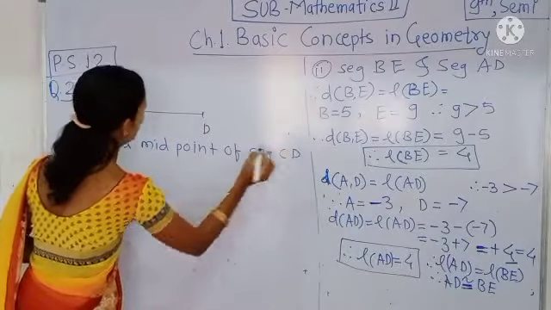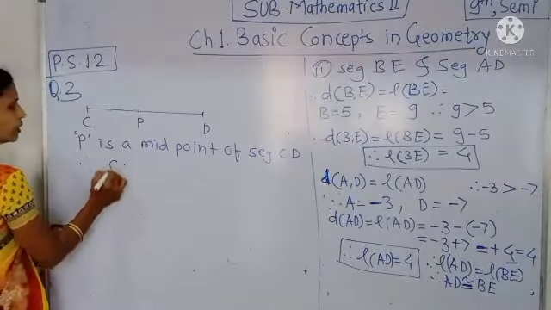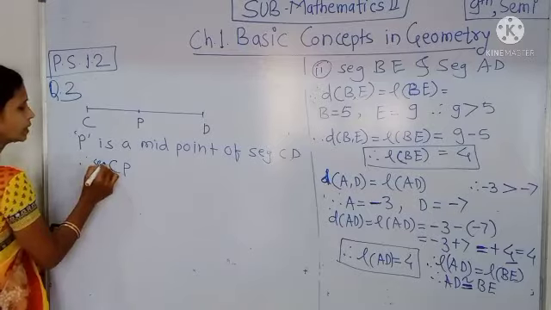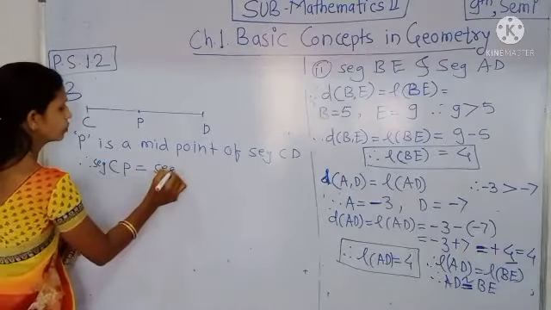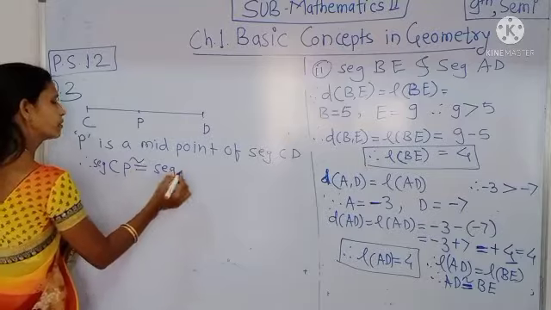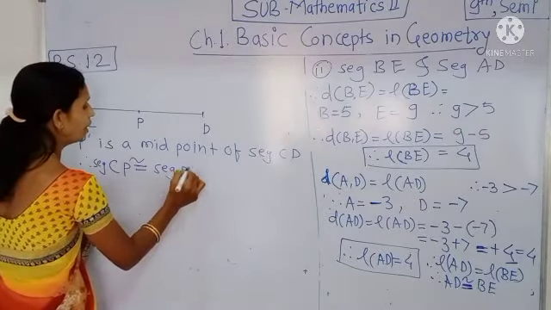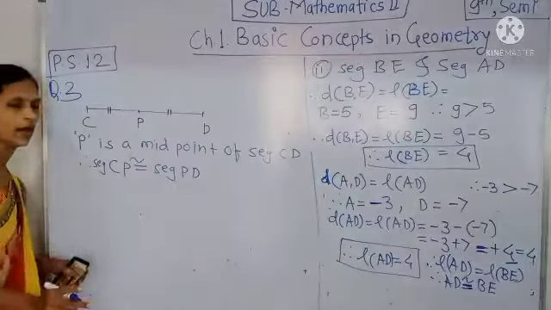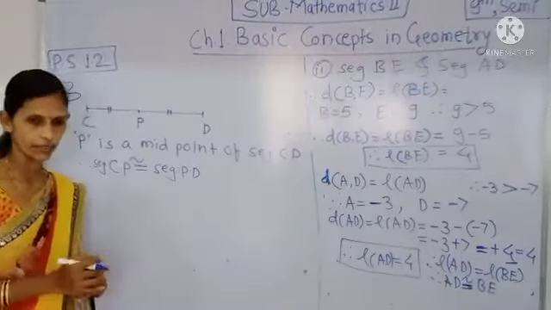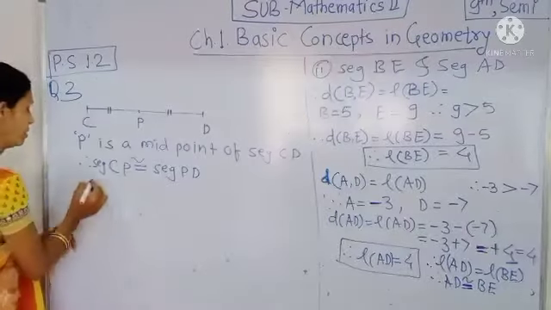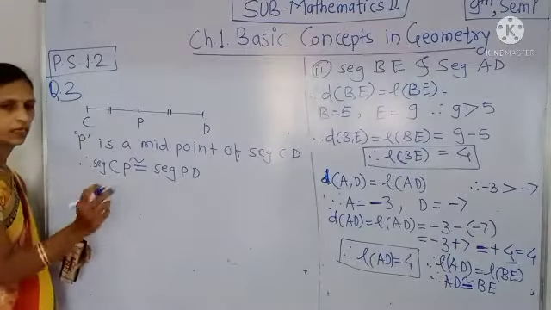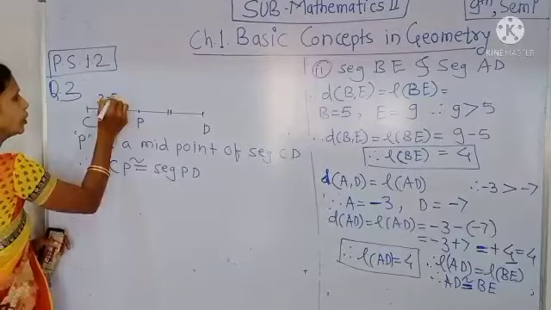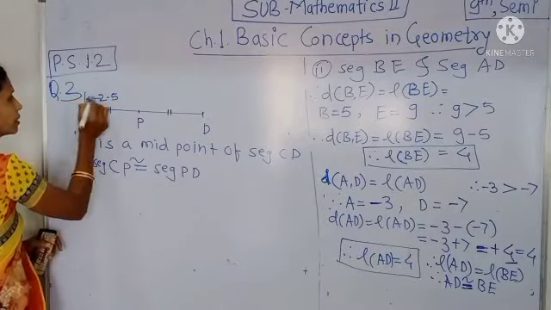Therefore here segment CP is equal to, or congruent to, segment PD. That means CP and PD are congruent segments. And here the value of CP, that is 2.5 unit, is given.